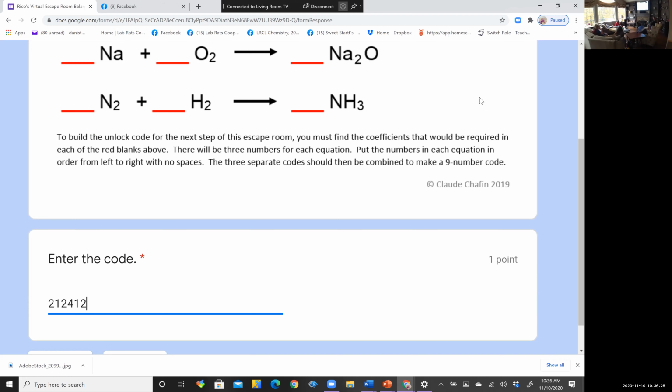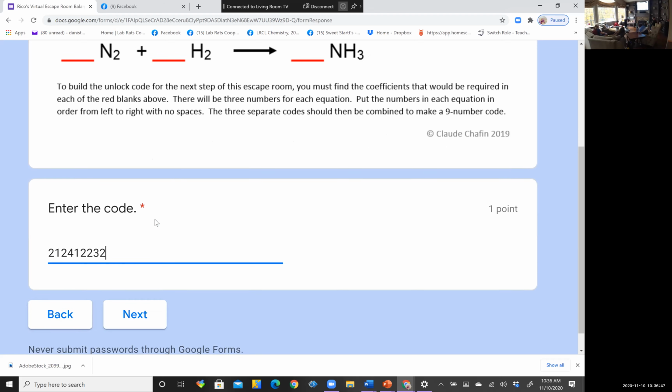What are we going to do? 2, 3, 2. So this becomes 4, 6, 4, and 6. I think 2, 3, 2 is good. Does that sound good to everybody else? Yep, enter.